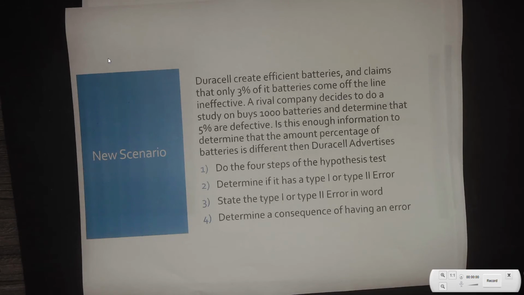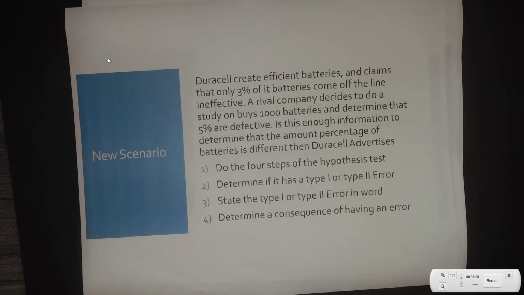Duracell creates efficient batteries. It claims that only 3% of the batteries come off the line ineffective. A rival company decides to do a study and buys 1,000 batteries and determines that 5% are defective.